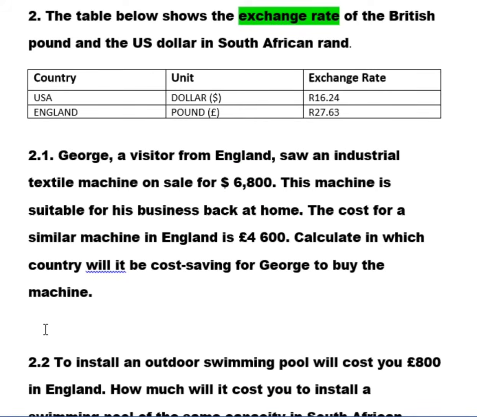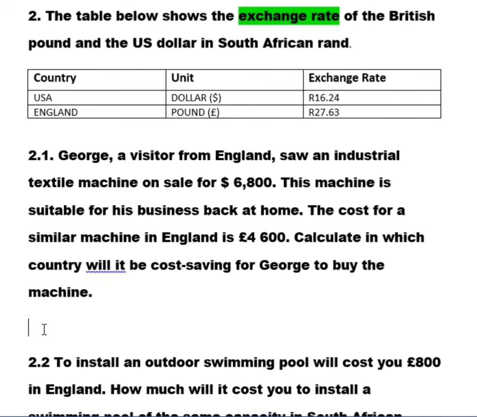So to determine the true value of these machines, or the true costs of these machines, you have to find a currency that will form some sort of a middle ground. In other words, you want to determine the real costs of these machines using one currency. And in this instance, either you can use the rand or you can use the pound because it's from England.